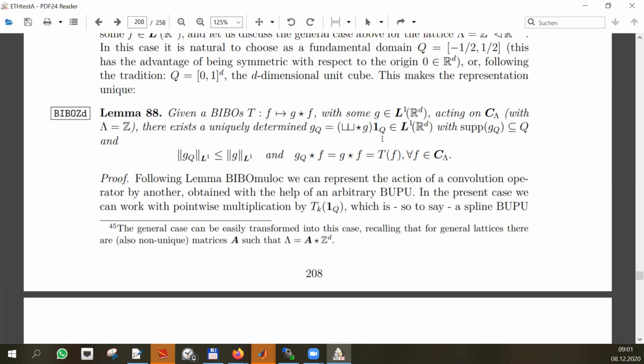So it would be in the plane, a square of length 1 in each direction. And what I'm saying here is, well, the localized version of my convolver is just to make the G periodic. That's what I did before with the measure to localize it: make it periodic and then cut it down.